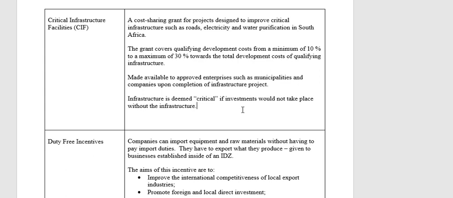All right. So if the municipality then provides the infrastructure, obviously they have to pay for it, but then at the end, they can claim back basically 10 to 30% of the money that they've paid to upgrade the infrastructure, they can get back from the Critical Infrastructure Fund.